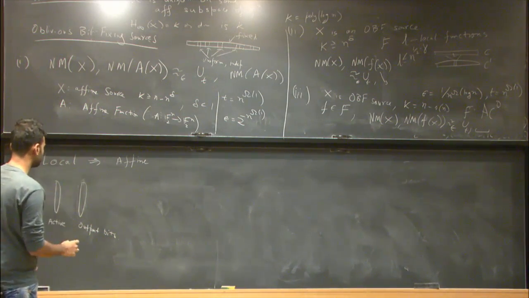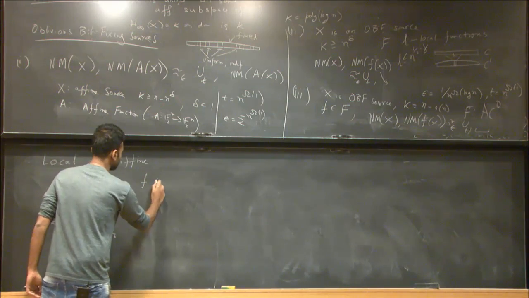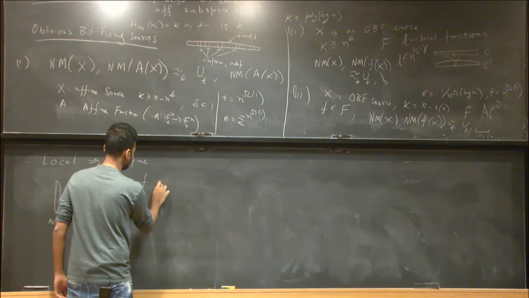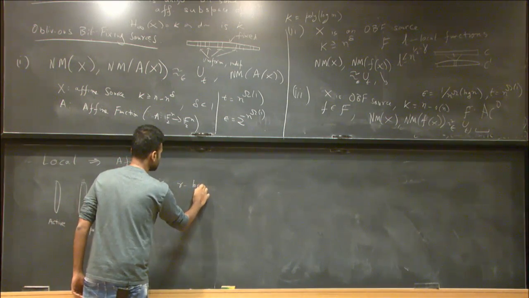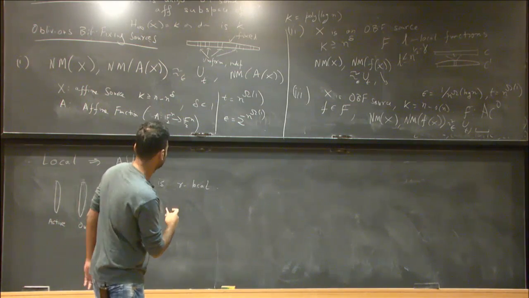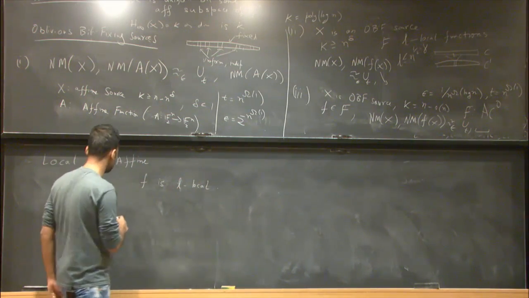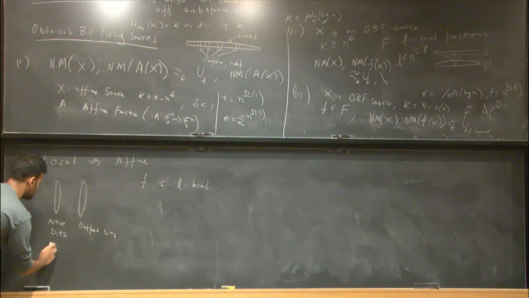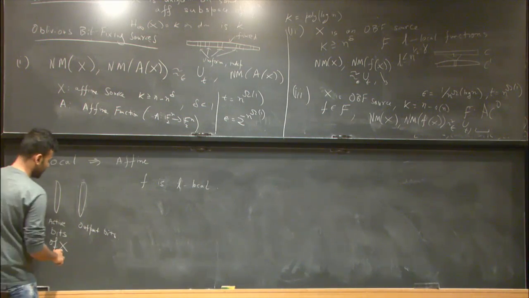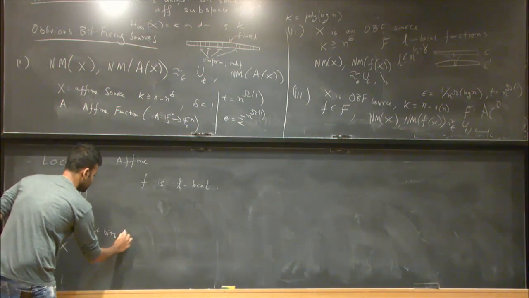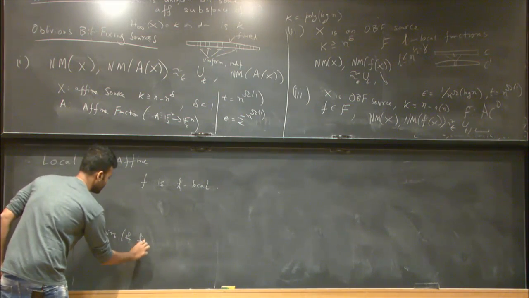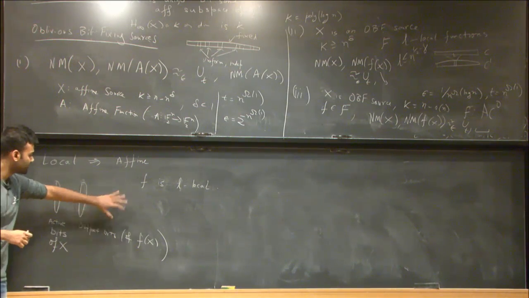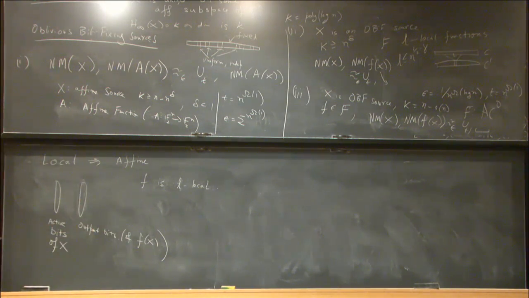Output bits of what? So let F be an L local function. So these are the active bits of X and the output bits of f of X. You have this local function which acts on X and gives you n bits.